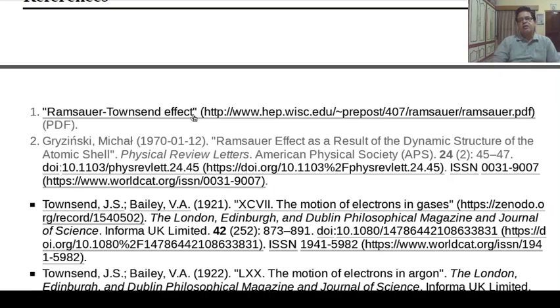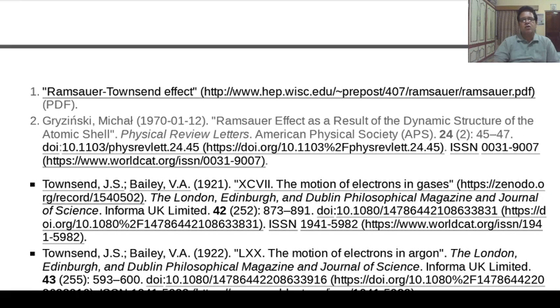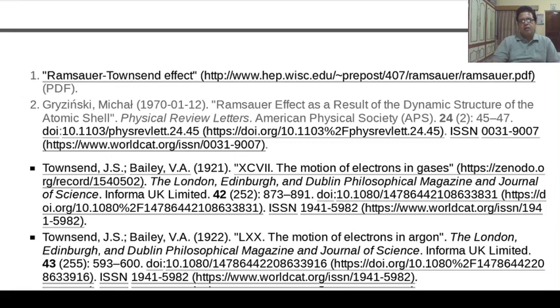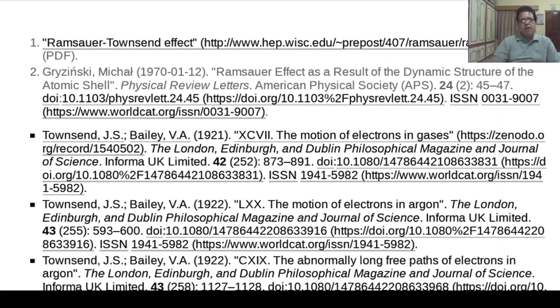Ramsauer-Townsend effect, and this is a paper, Ramsauer effect as a result of the dynamic structure of the atomic shell. In Physical Review, there are many different kinds of journals, and Physical Review is the most impactful or most effective journal in the research area.